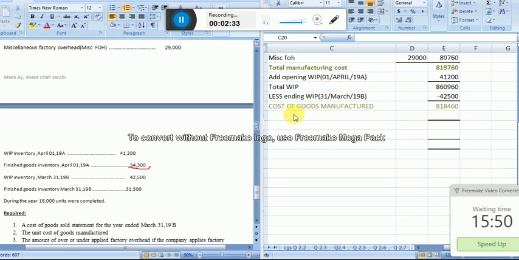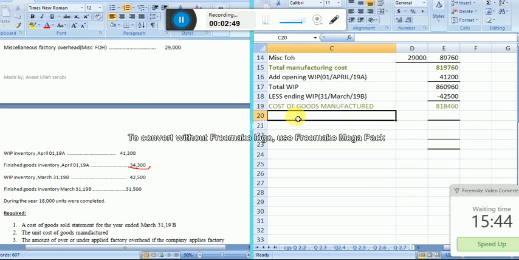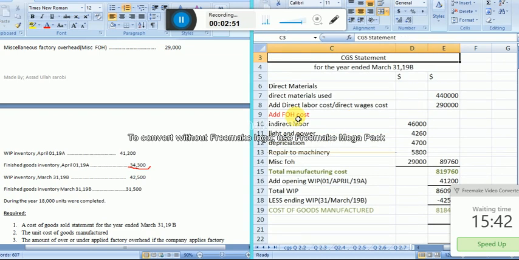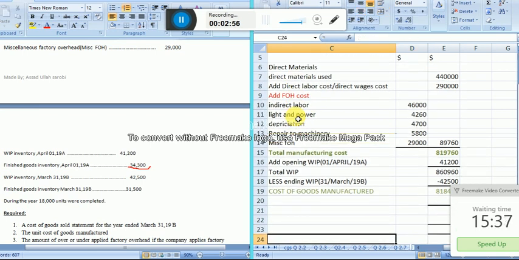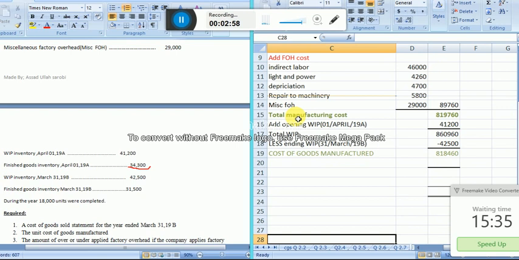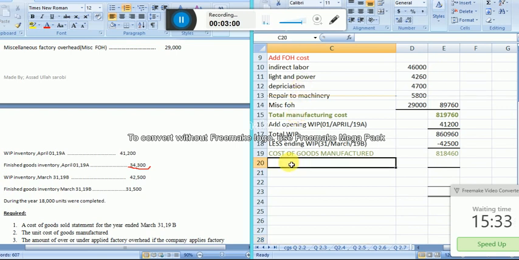That's why we subtract the 34,300 from 19A and add it to 19B. This is our 19B record. Clear? We are going to make the cost of goods sold statement for 19B. So now we will add these finished goods to the 19B finished goods production.